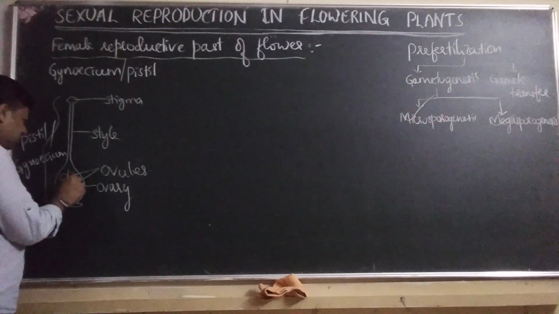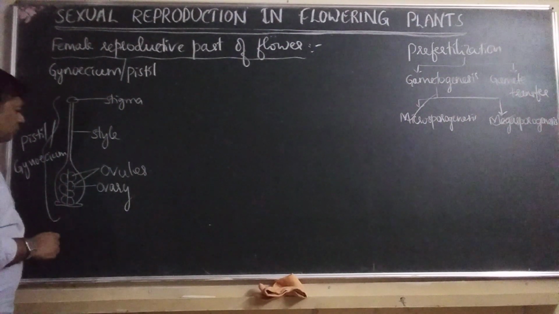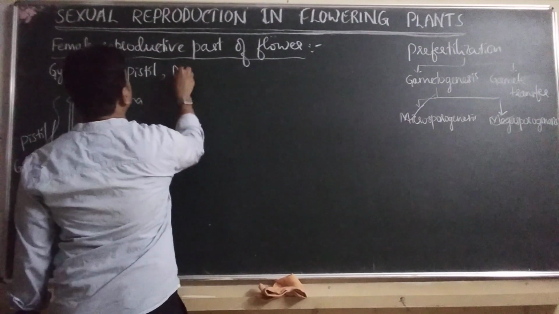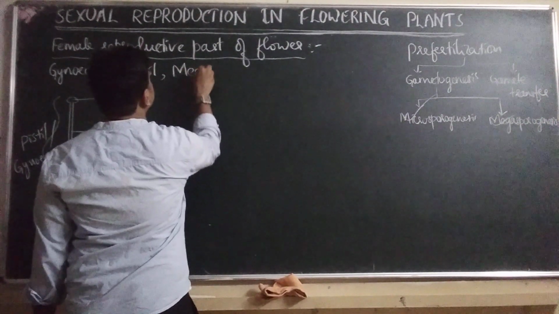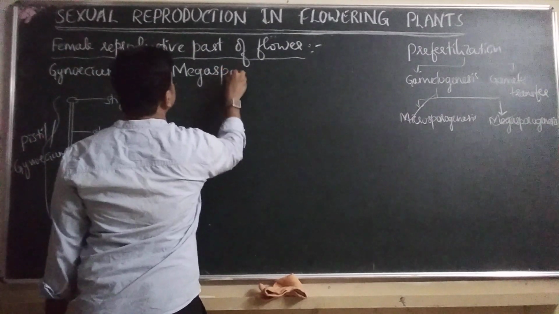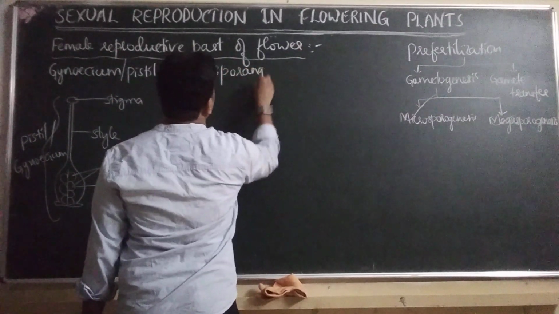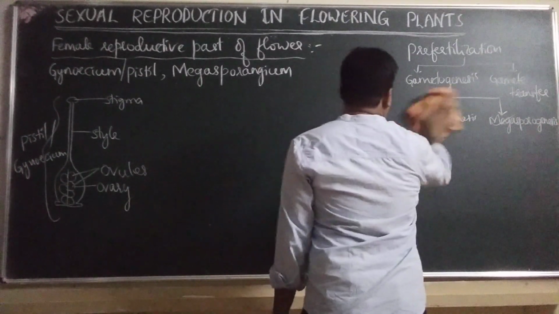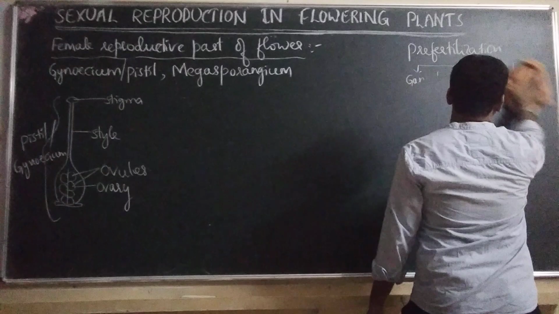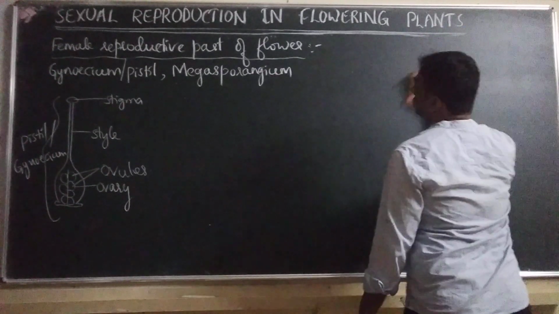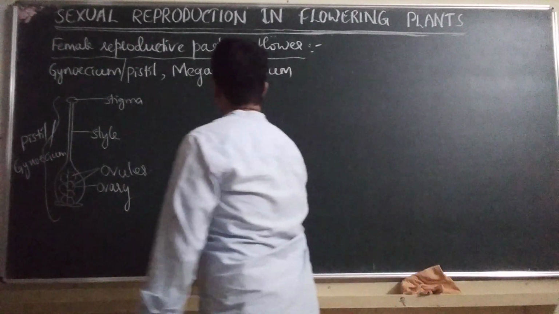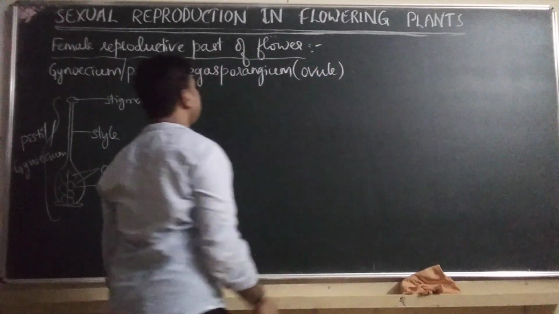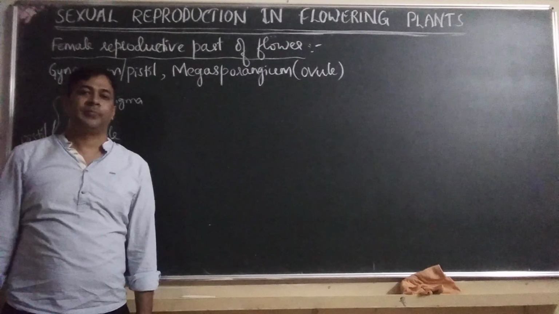So we have to know the structure of the ovule. The ovule is called megasporangium. Why is it called megasporangium?